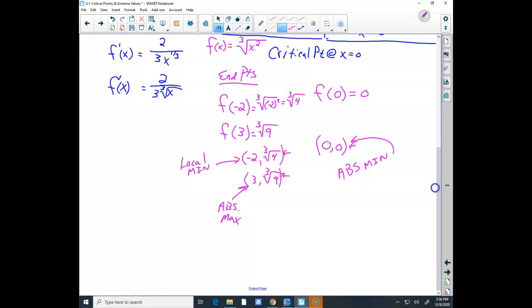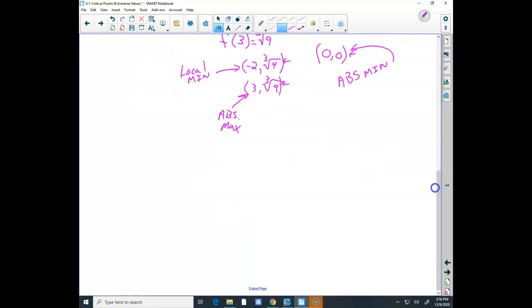I'm bebopping between my terminology, which means I could make a graphical interpretation of this. I have a point at 0, and points at 3 and negative 2. If this is the cubed root of 4, I know the cubed root of 9 is a little higher.